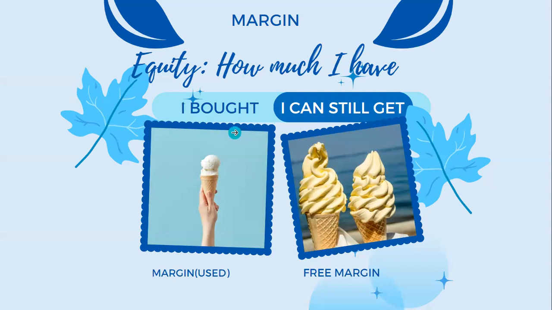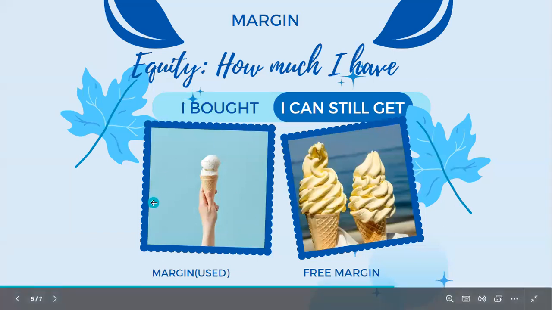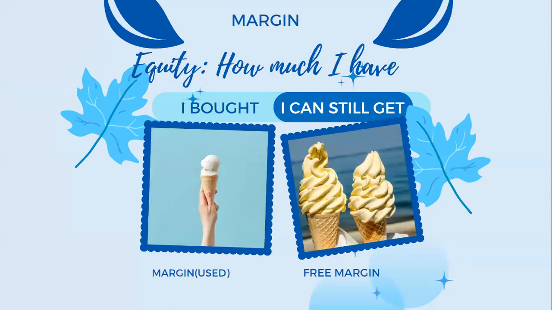Then when you get into the ice cream shop, you buy an ice cream. But here's the twist. Say you are given a time frame which you could actually exchange your ice cream flavor for a different one if you haven't eaten it, right? So if you buy one ice cream, you have used that margin.